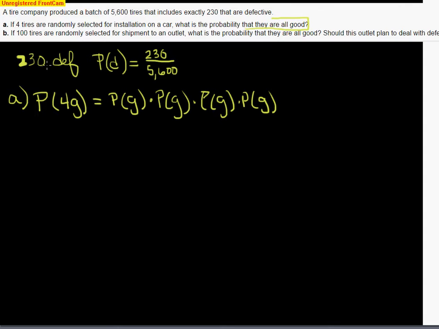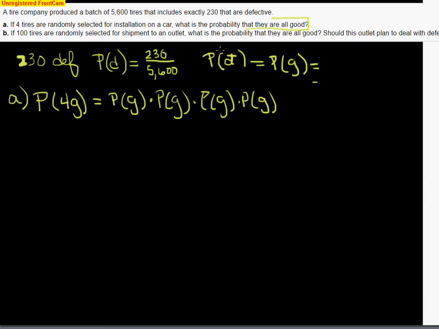All right, but we don't actually know this probability of it being good. What we've got up here is the probability of it being defective. Well, we know that the sum of the probability of an event plus the probability of its complement is always 1. The probability of a not defective tire, the complement of a defective tire, is the same thing as it being good. So that is going to be your remaining number.